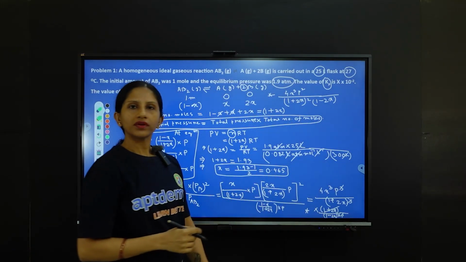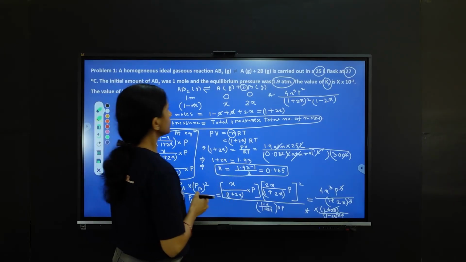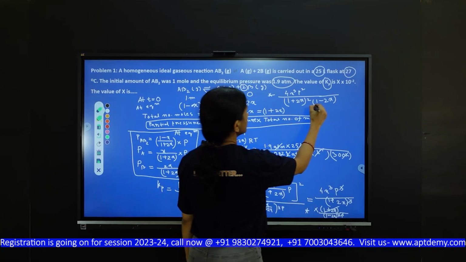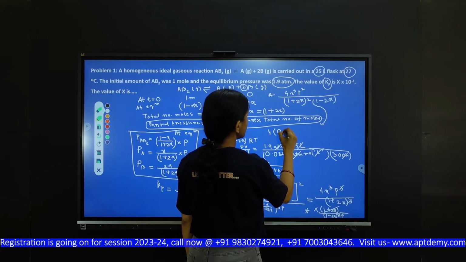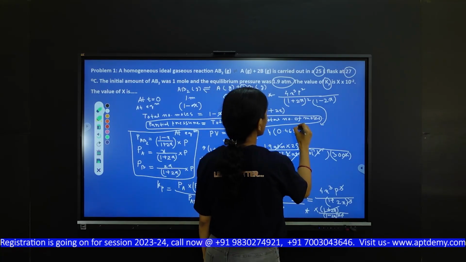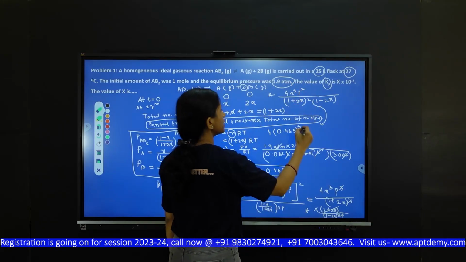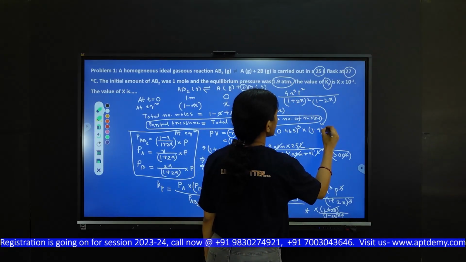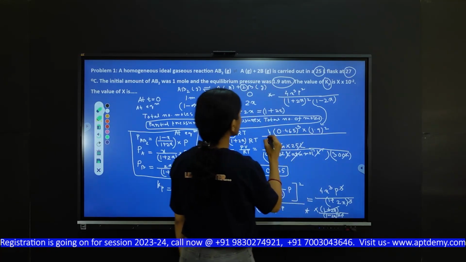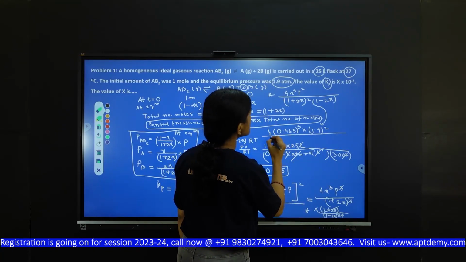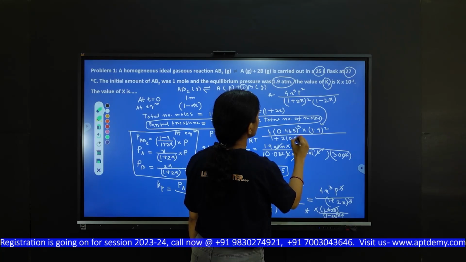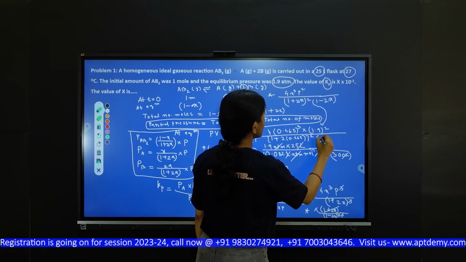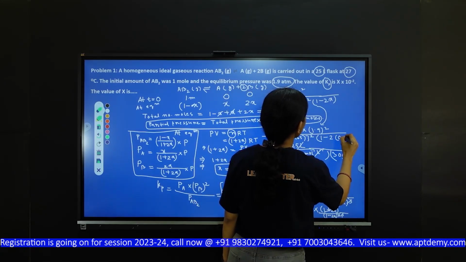Now we know the value of x from here, so we will just put the value of x here. So 4 times 0.465 cube, P we know 1.9, so 1.9 square, divided by 1 plus 0.465 square times 1 minus 0.465.